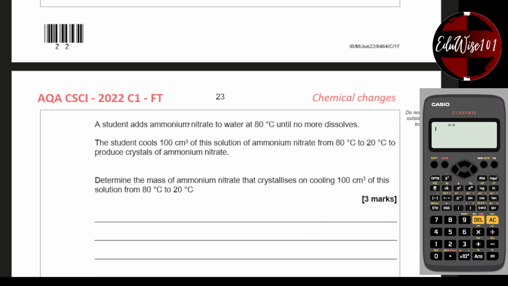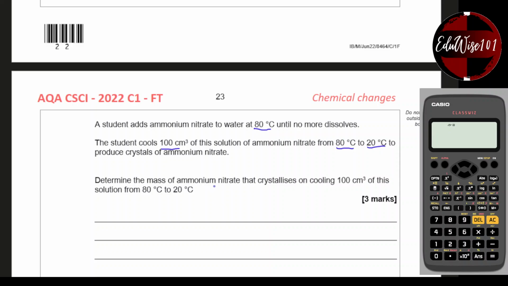The student adds ammonium nitrate to water at 80 degrees until no more dissolves. The student cools 100 centimeter cube of this solution of ammonium nitrate from 80 degrees to 20 degrees to produce crystals of ammonium nitrate.